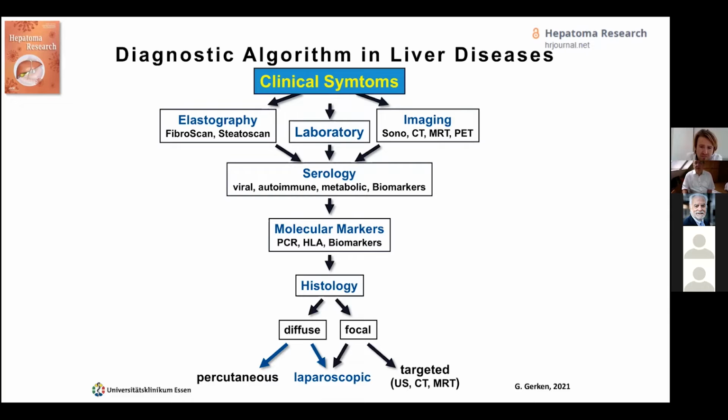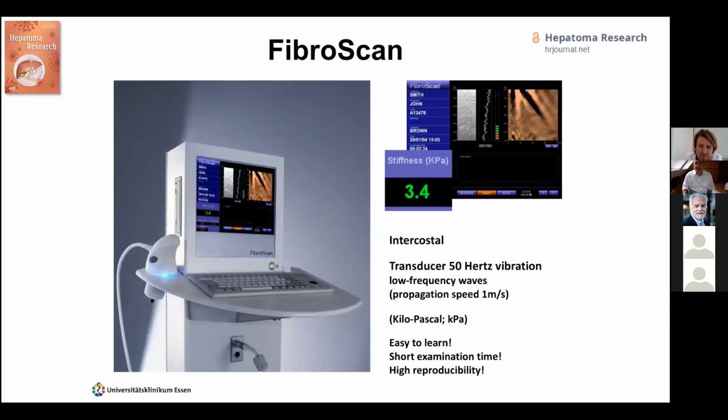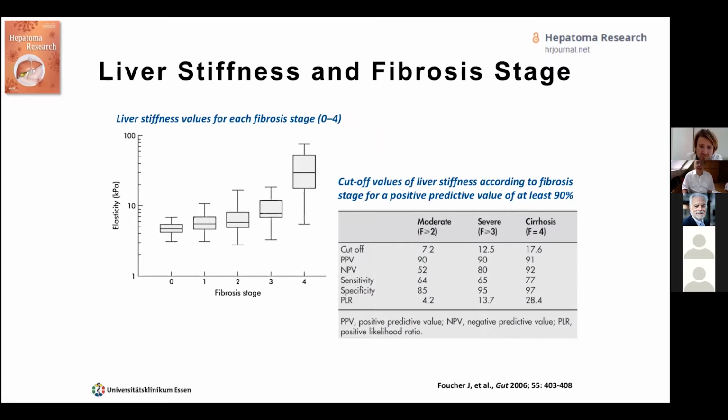Okay, what is FibroScan? FibroScan is a sonographic measurement, a sonographic method, which is very easy to learn and short to examine, bedside, and has high reproducibility, and it also gives a good elasticity and fibrosis stage.